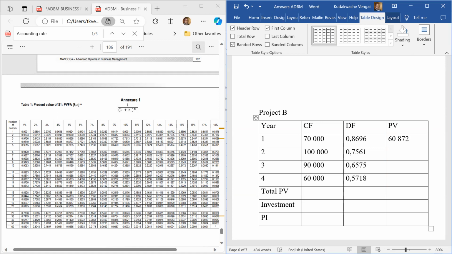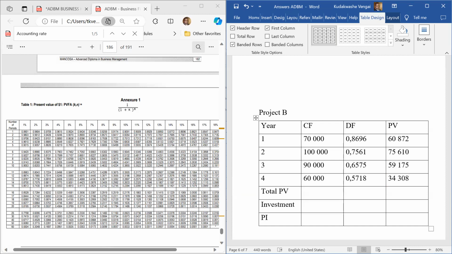And 100,000 multiplied by 0.7561, we get 75,610. 90,000 multiplied by 0.6575, we get 59,175, and then 60,000 multiplied by 0.5718, we get 34,308, right?